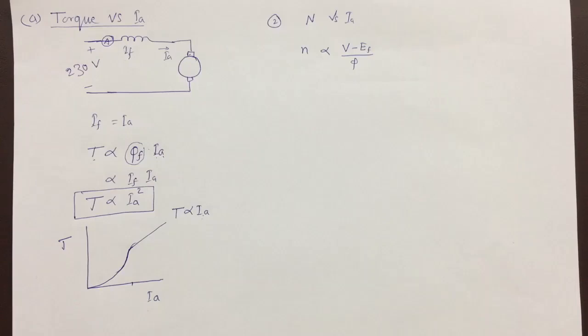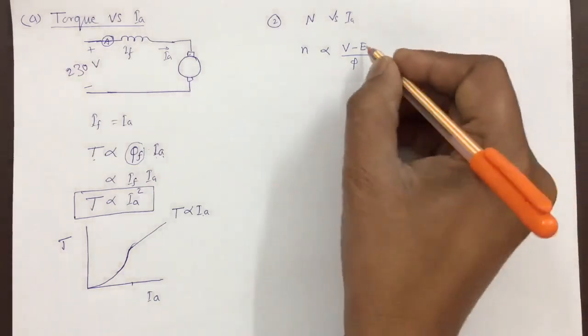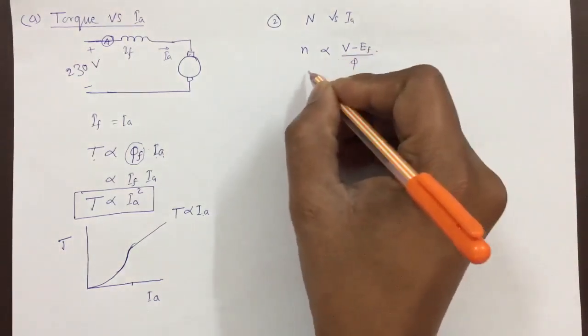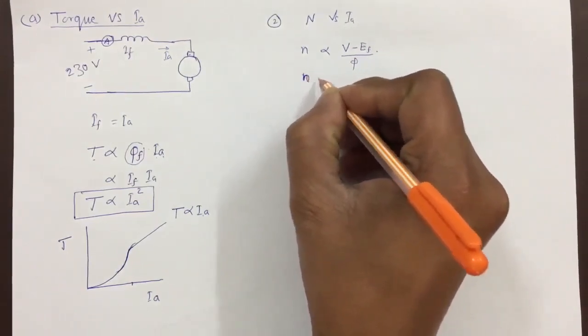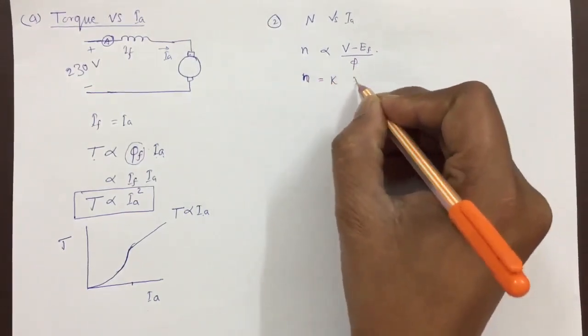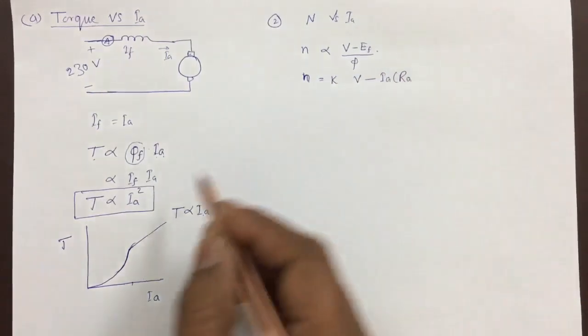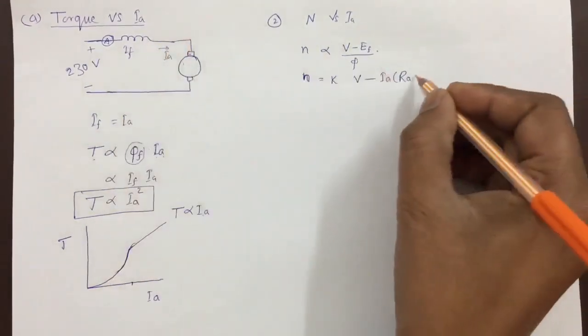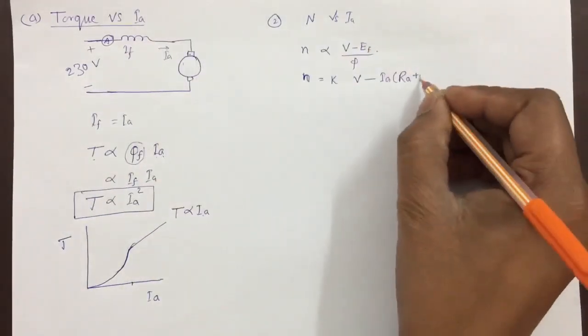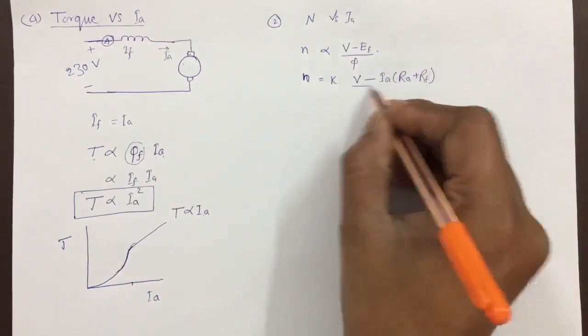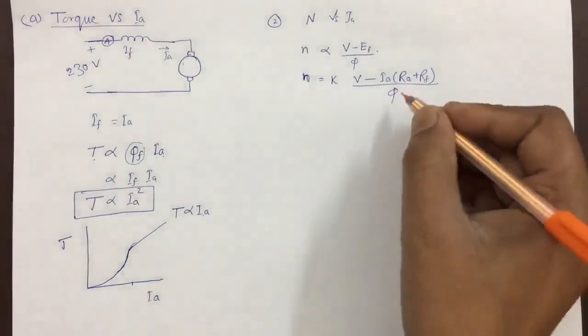From here, if we write further, then we can say N is equal to a constant times V minus IA times armature resistance plus field winding resistance, divided by phi.